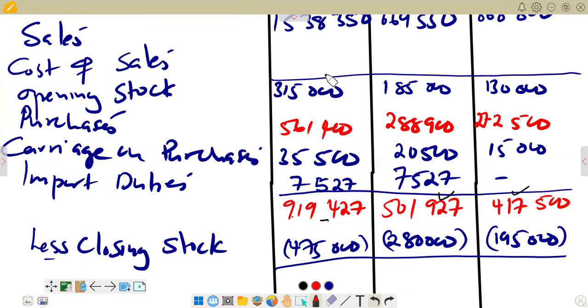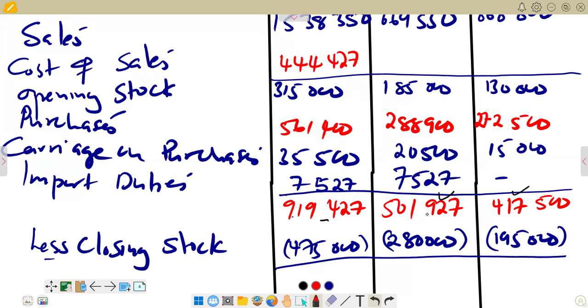To get your cost of sales, we are now seeing our 919,427 on the total column minus 475,000. And then the answer that we are supposed to get here is 444,427.